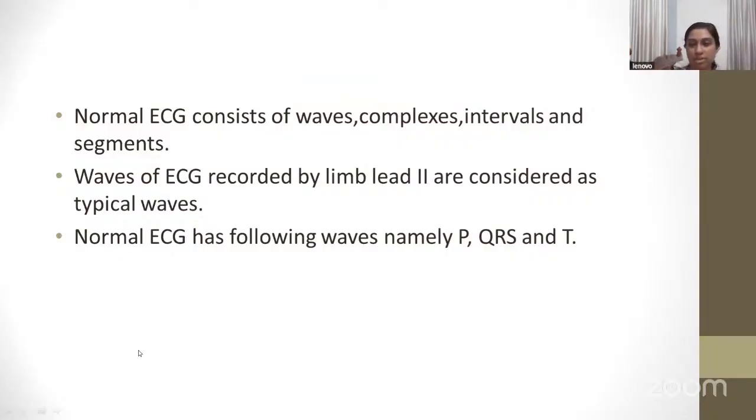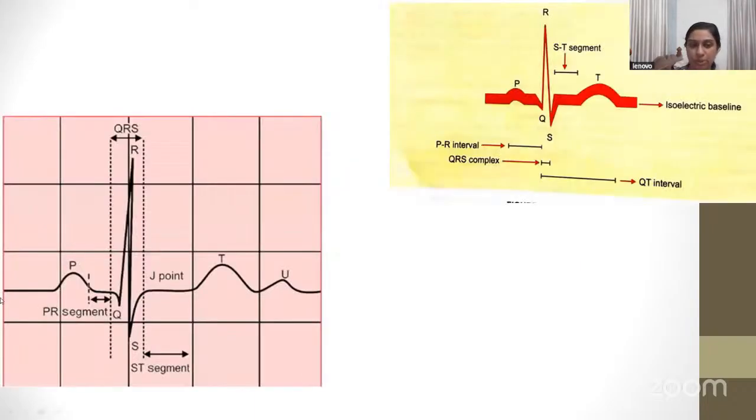The normal is recorded from limb 2, that is from the right hand to the left leg. The lead connecting the right hand and left leg is called lead 2, and that is usually considered as the typical waves of ECG. This figure shows the normal ECG picture from limb 2.